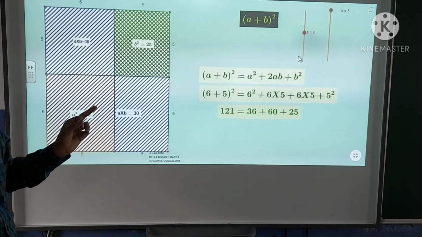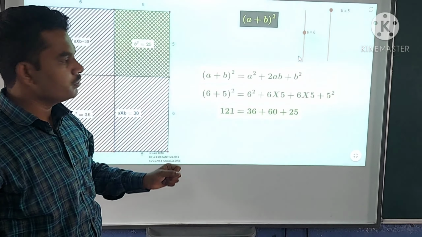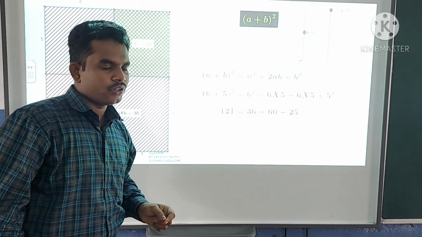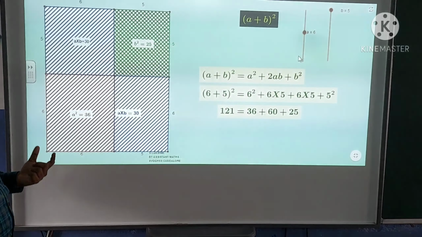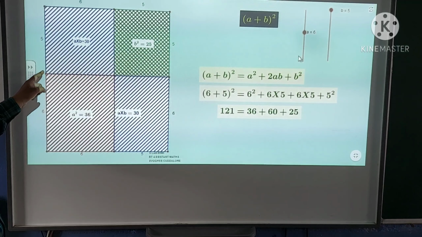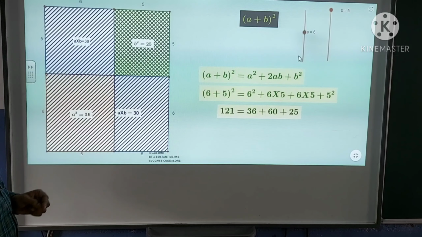Geometrical proof of a plus b the whole square equal to a square plus 2ab plus b square. Here a is this line, and b is this line.